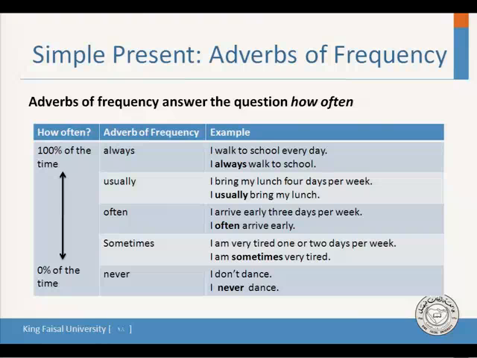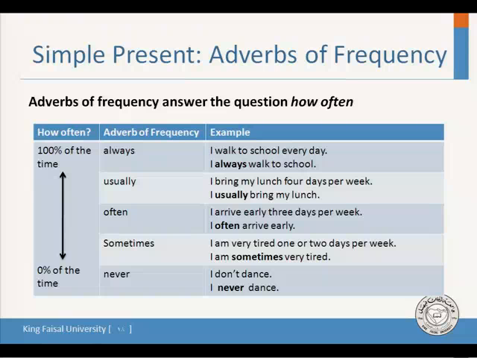I visit my grandfather twice a week. I visit him 3 times a month. You see, once a week, twice a week, 3 times a month. This is frequency. How often?